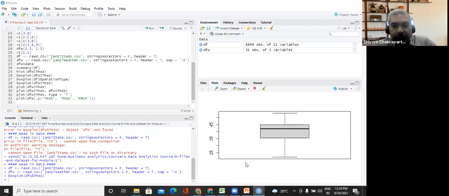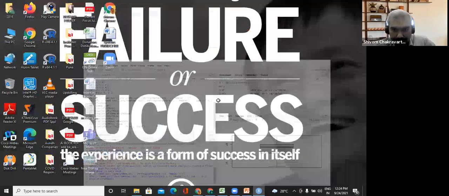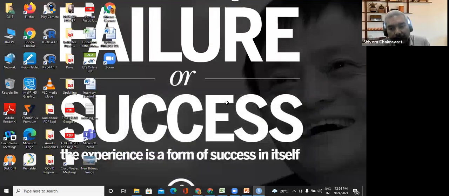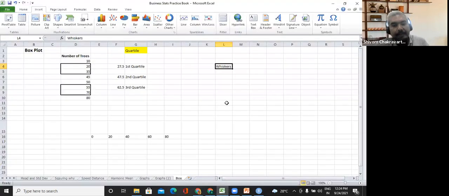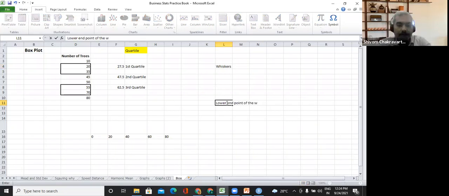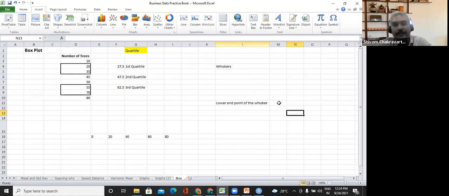So we call them whiskers. How to decide the endpoints of these whiskers is a little tricky. How do we calculate the lower endpoint of the whisker?